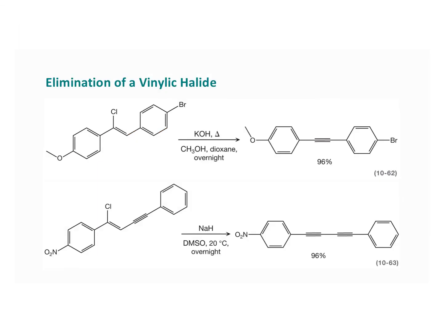Now, these are some examples of vinylic halides. You can see these are vinylic chlorides. We find the double bond. There's the chloride off of the double bond. There's the chloride off of the double bond. If a much stronger base is used, so before we jump into that, this is KOH.